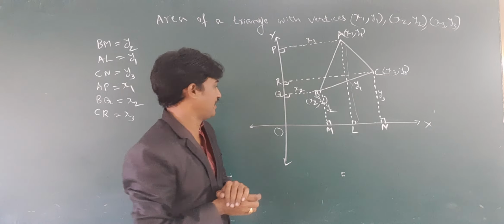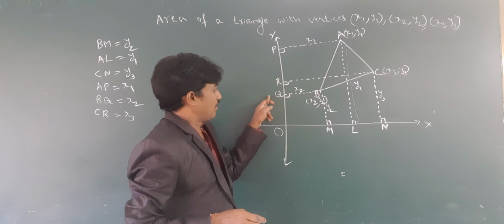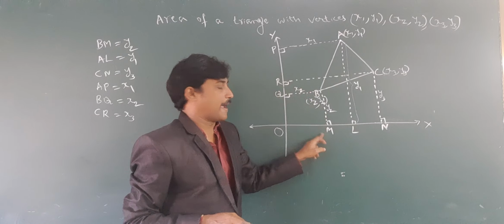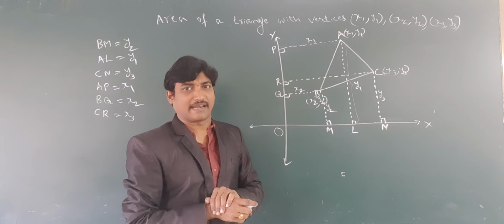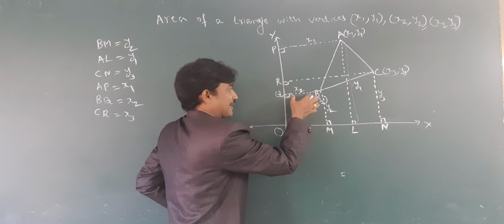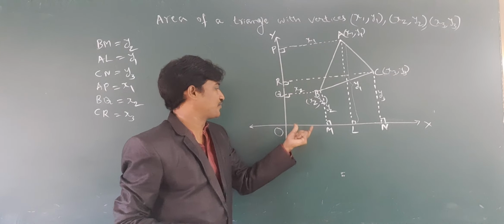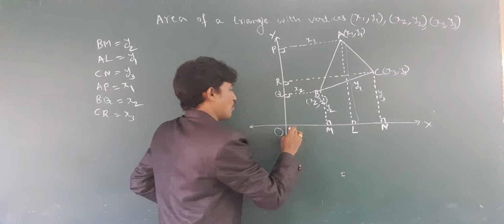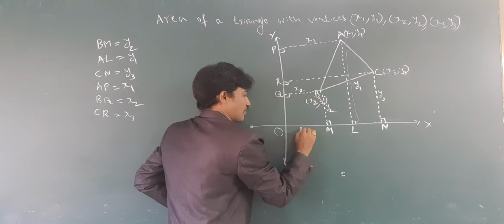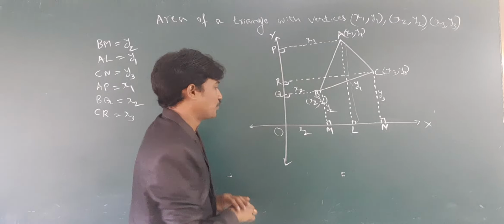It is very clear that OQBM is a rectangle, and in a rectangle opposite sides are equal. Therefore BQ is equal to OM, so OM is x2.